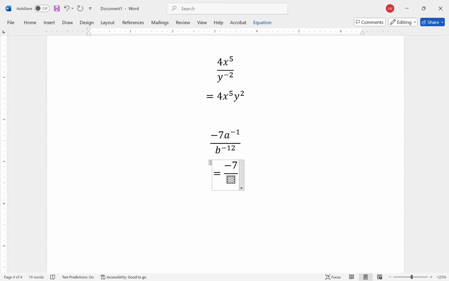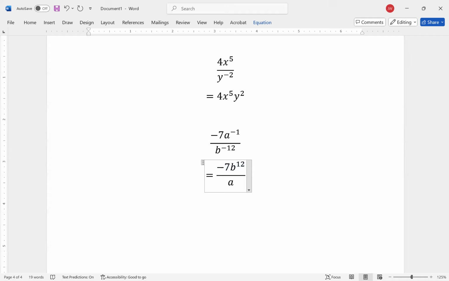On the other hand, a to the -1 power, we can flip that to the denominator. Since it's currently in the numerator, we flip that into the denominator and call it a raised to the +1 power, or just a. And then b raised to the -12th power is going to be b raised to the 12th power when I put it into the numerator, since it used to be in the denominator.